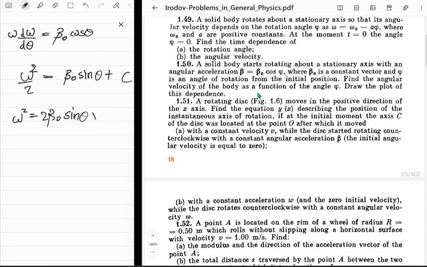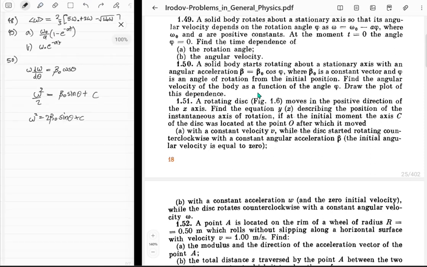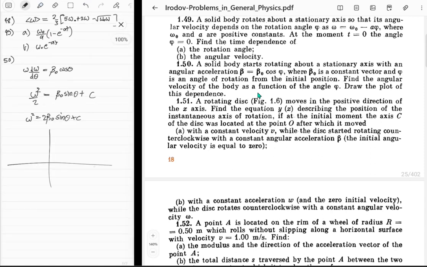So that's the square root of that or whatever. That should make sense. Are you serious? This is omega squared, not omega. Let's talk about 2 beta naught sine theta.